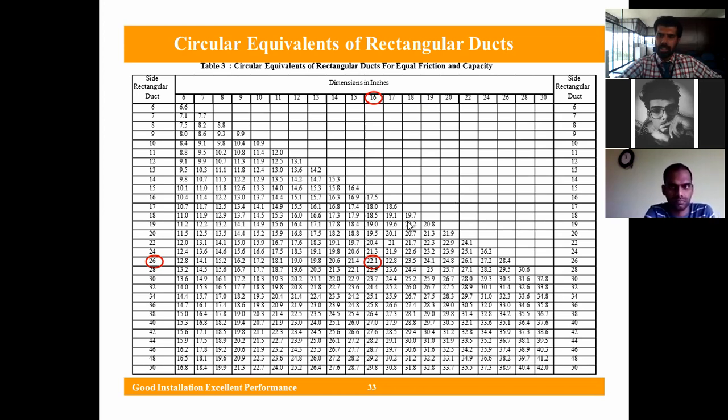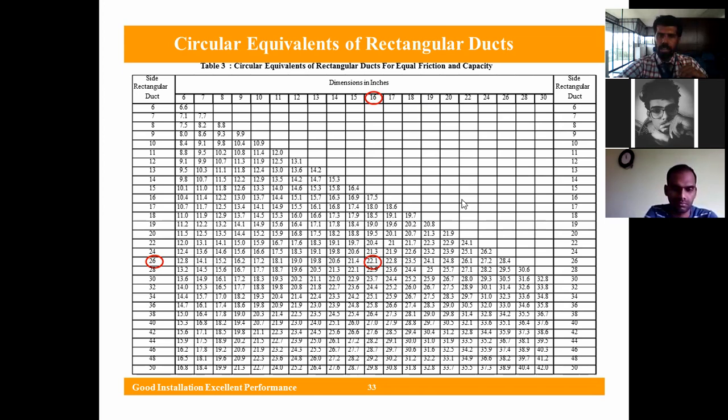To give 1800 or 1500 FPM also no issue. Yeah, it was 800 for low velocity.